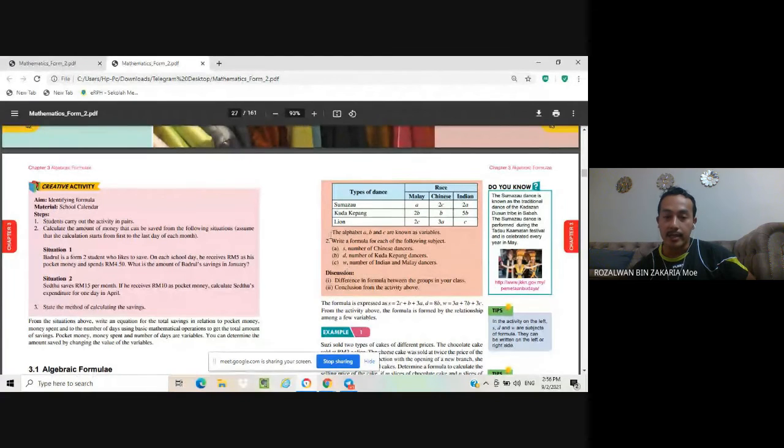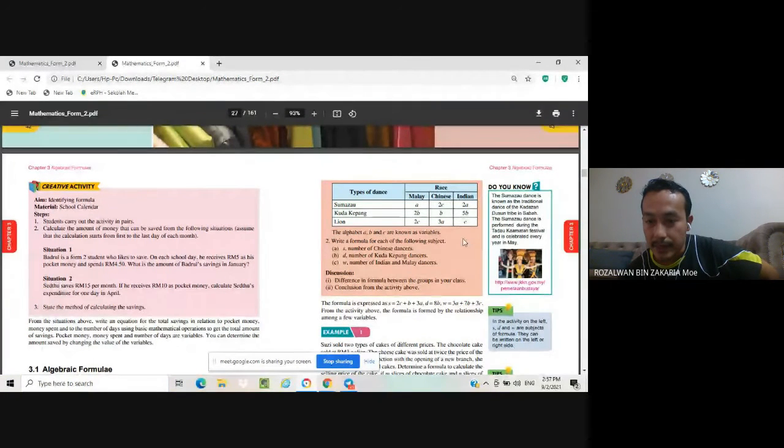So look at the 2C. How to write a formula W, which is the number of Indian and Malay dancers? So how to do? Look at this column, the Malay student. How to get the Malay dancers? So we know W equal to A plus 2B plus 2C, then plus the total of Indian dancers equal to 2A plus 5B plus C. All right.